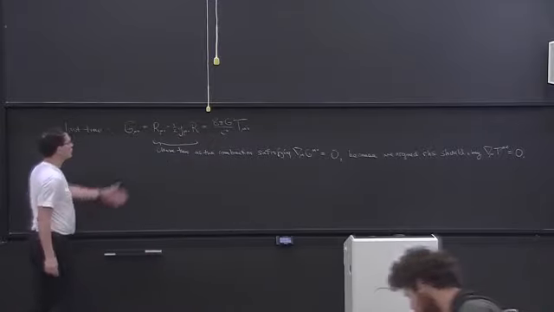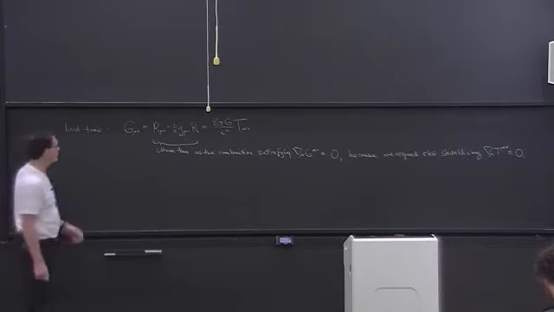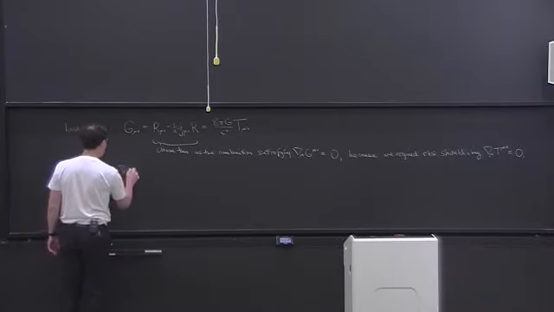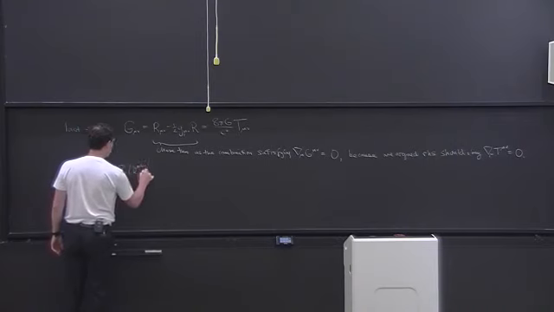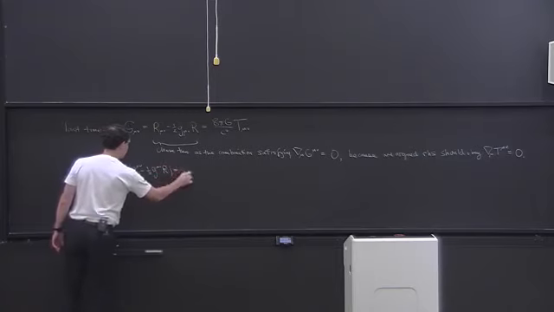So I didn't prove that this combination satisfied conservation. I didn't prove that. So what we want to do is prove that now, that d mu of R mu nu minus a half G mu nu R equals 0.